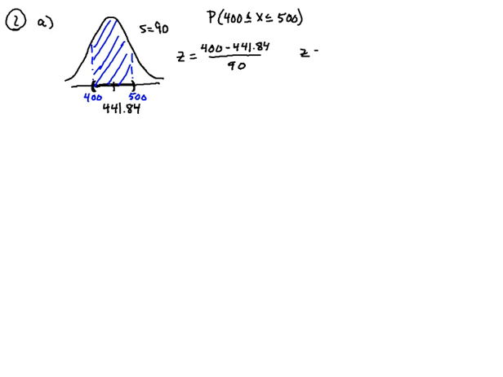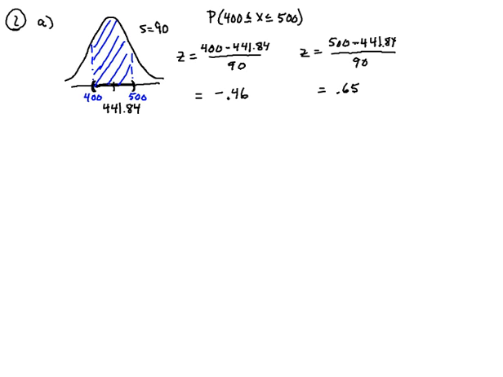And the z-score of the 500 would be 500 minus 441.84 divided by 90. The z-score for the 400 is negative 0.46, and the z-score for the 500 is 0.65.